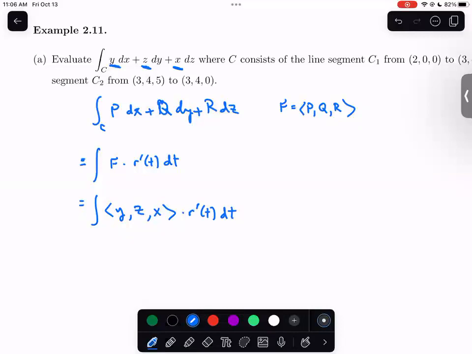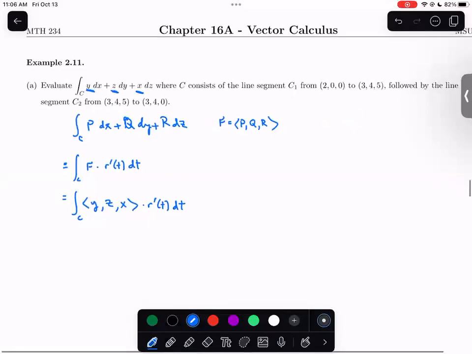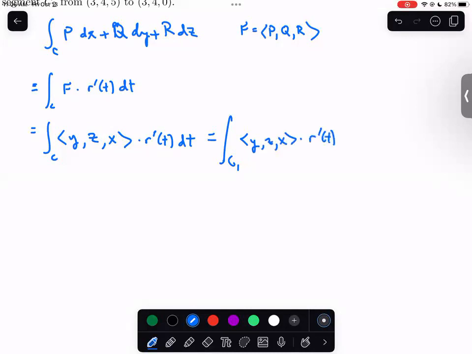When I go to evaluate this, very similar to when we were looking for mins and maxes back in 14.7, the full curve consists of two pieces, two line segments. So I'm going to calculate the work done on my first line segment, y, z, x. This will have its own parameterization, and so its own r prime and all that sort of stuff as well.